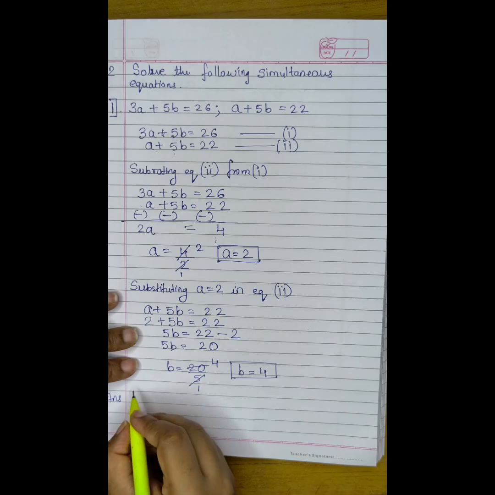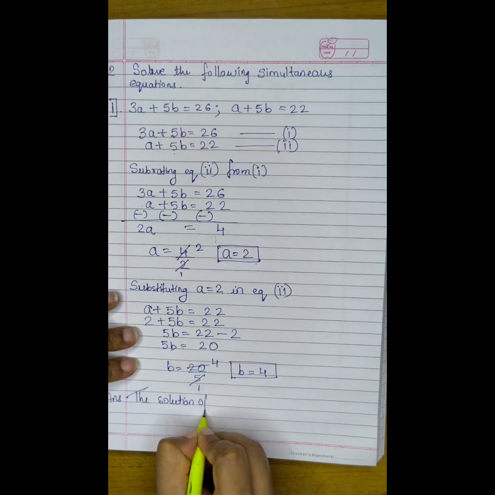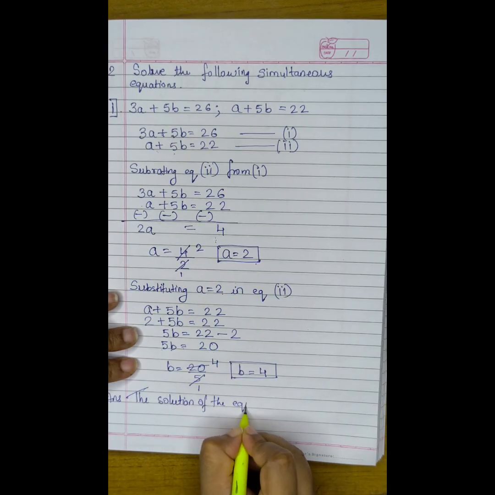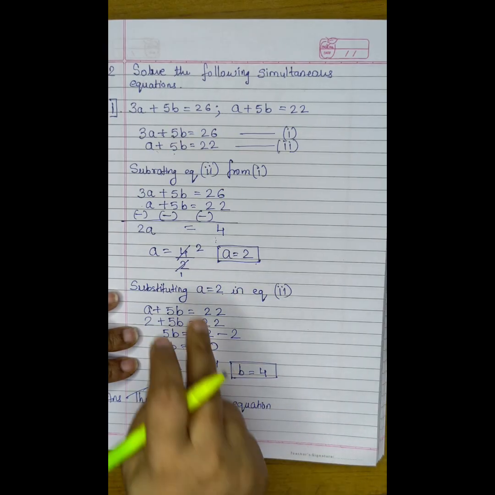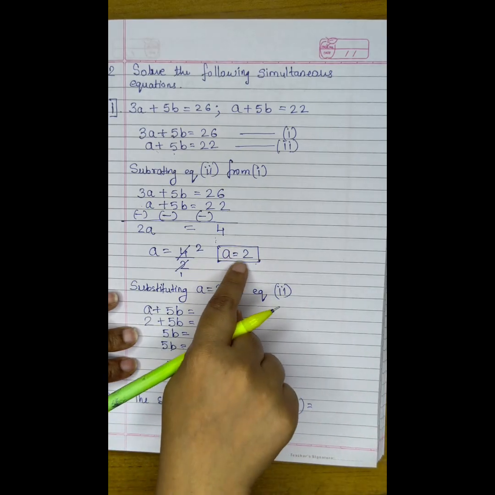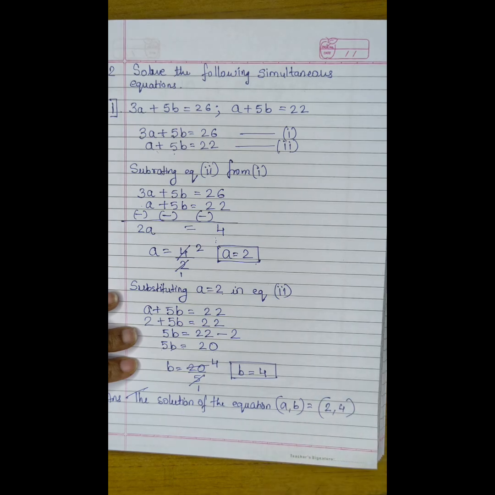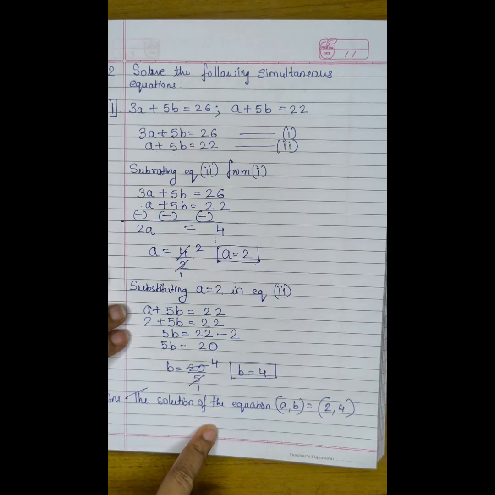Answer: the solution of the equation (a, b), write a first, that is 2 and 4. Now this method, what we have done, is elimination by equating the coefficients. This method is called equating the coefficients.